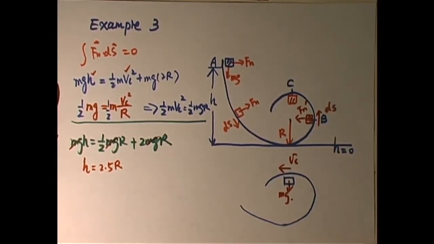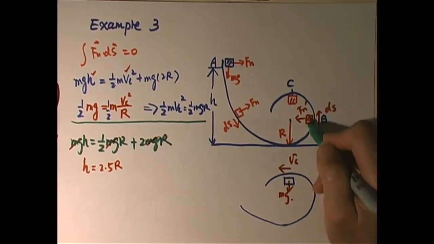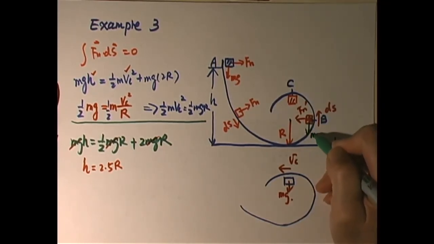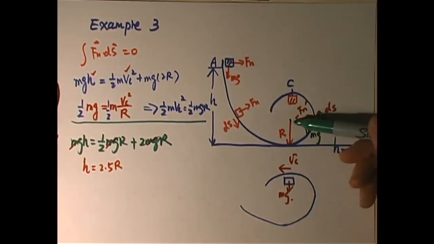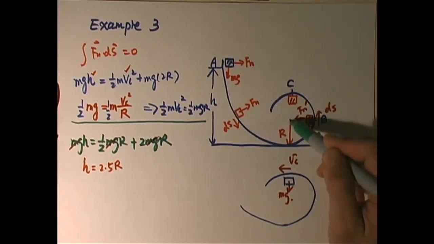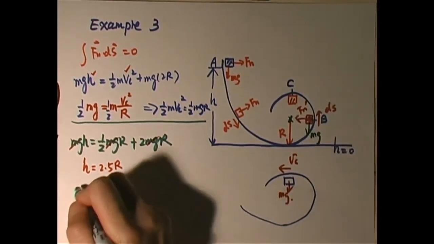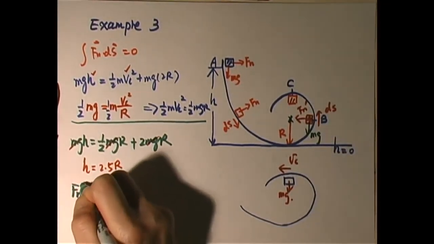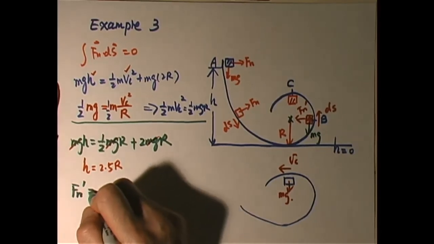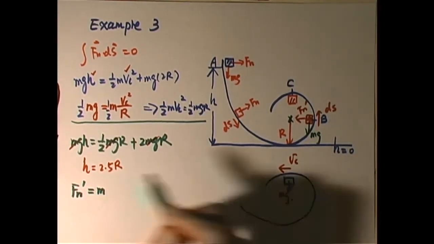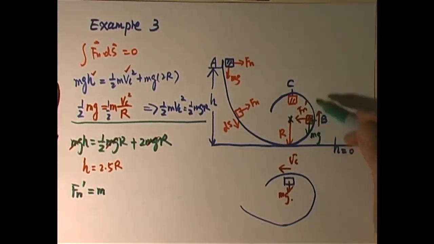If we want to draw the free body diagram, there is one more force, which is mg. mg is always there. At location B, mg is down and Fn prime points to the center of the circle. Let's call it Fn prime because it's different from Fn before. Fn prime is responsible for the circular motion at this moment.